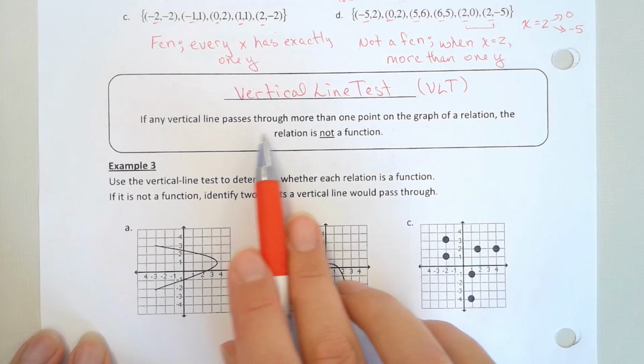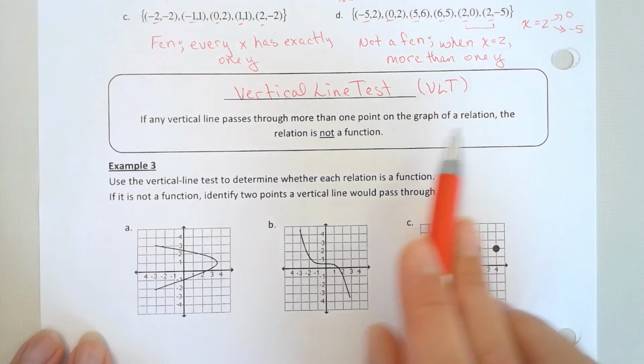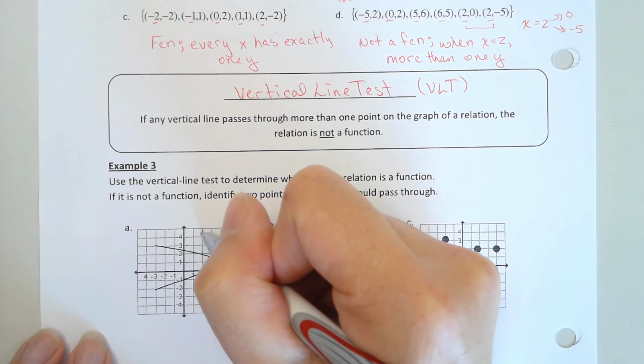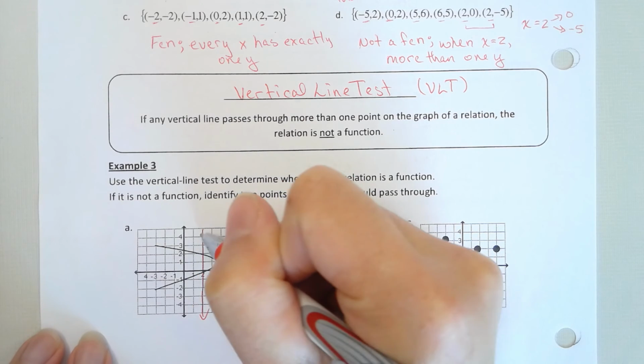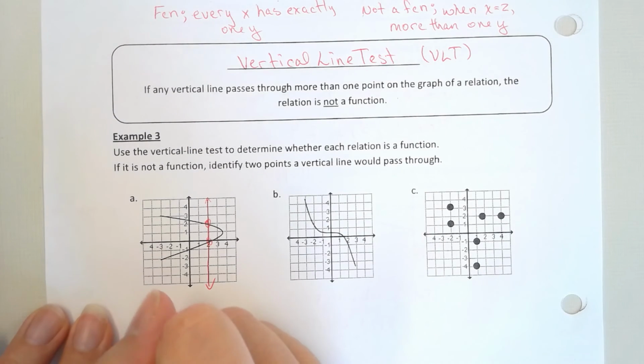So if I draw a vertical line, I'm going to draw mine right here, and it hits more than one point, which it does, then it's not a function. So let's do that. Not a function.